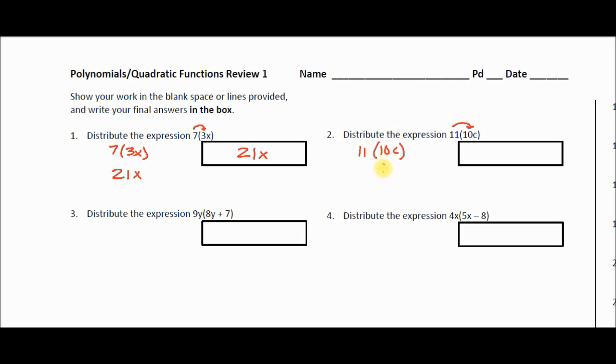The 11 times the 10, we can do that part. 11 times 10 is 110. You can use your calculator to get that answer if you cannot do that in your head, and the variable c cannot be multiplied by anything. There are no other c terms, so the answer is 110c.